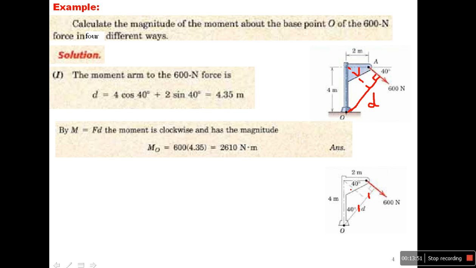So this angle equals that. Now this angle is equal to 40. If this angle is equal to 40, now this angle equals 50, right? So this angle is equal to 50, and this angle is equal to 90. That means this angle is equal to 40, right?